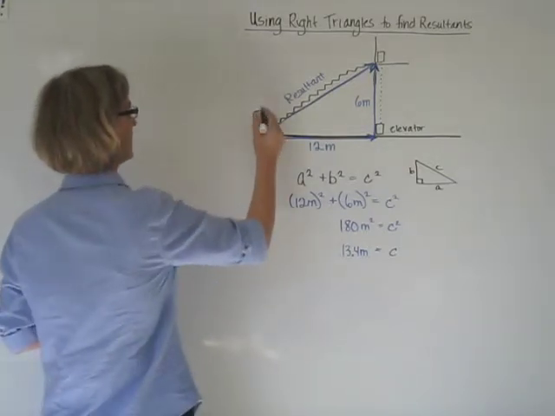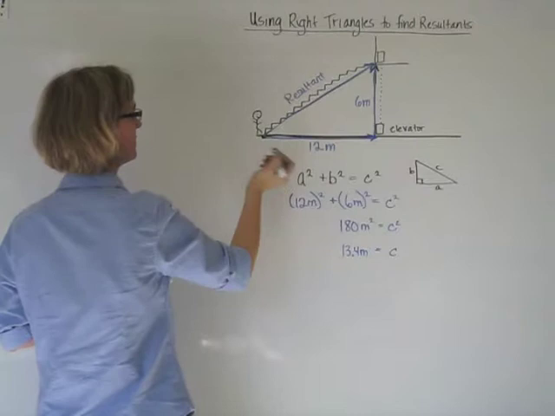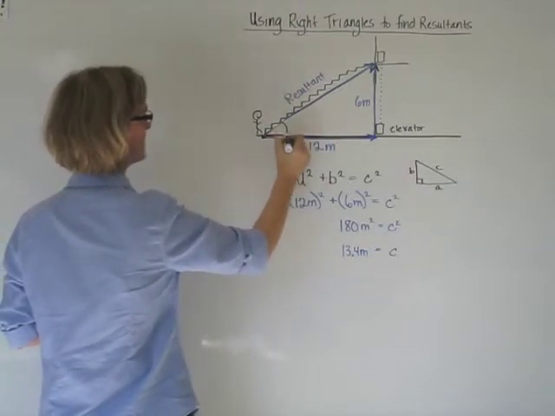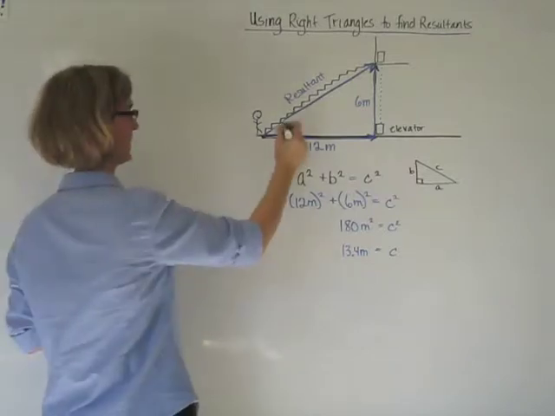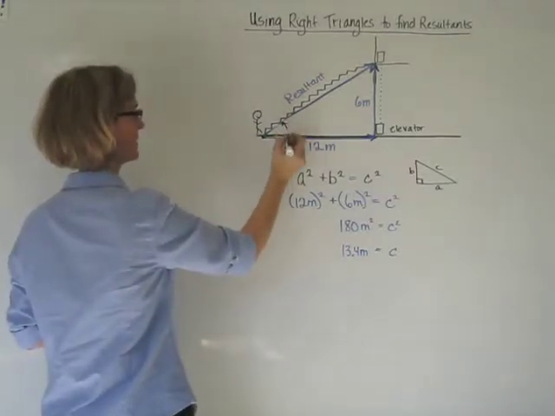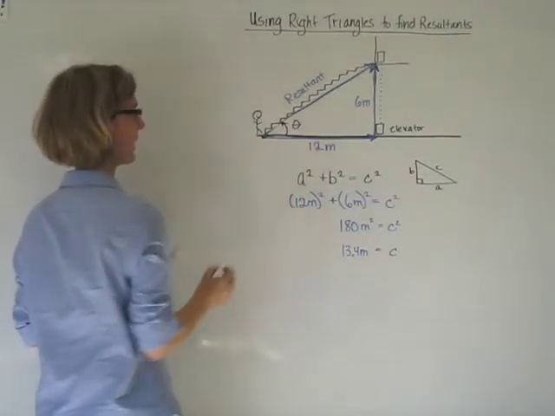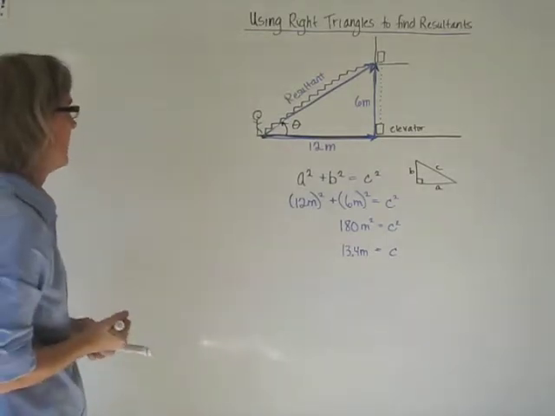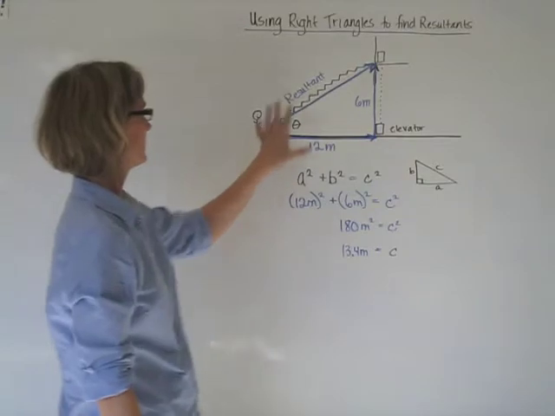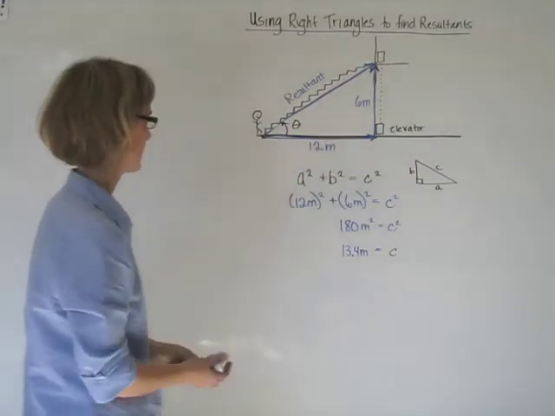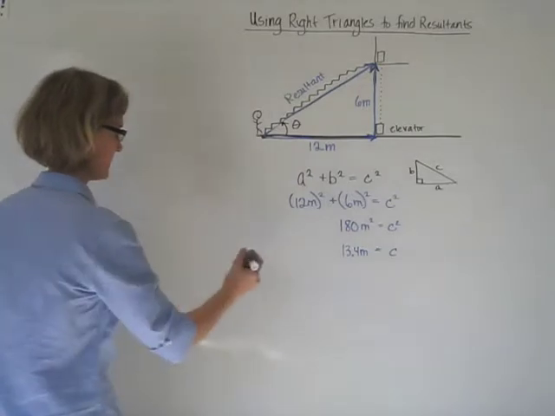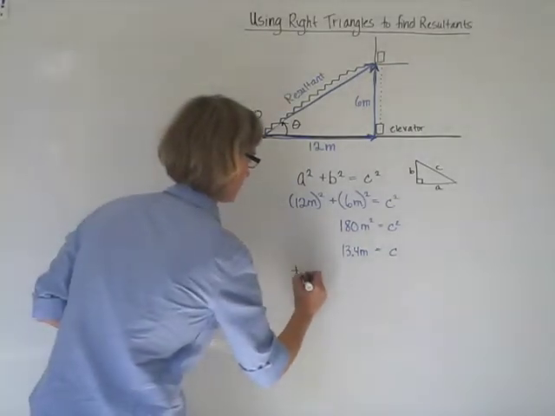We can make a coordinate system, or we can just describe the angle as how much above the horizontal. I'm going to call this angle theta. This is the angle that I want to find. In a right triangle, the sides are related by some different functions, and one of those is the tangent function.